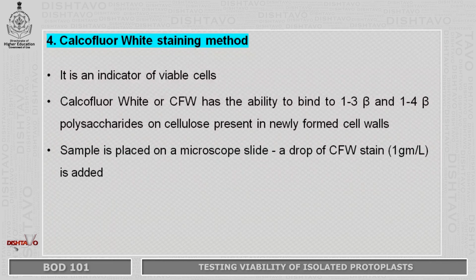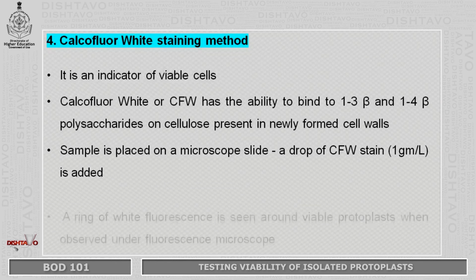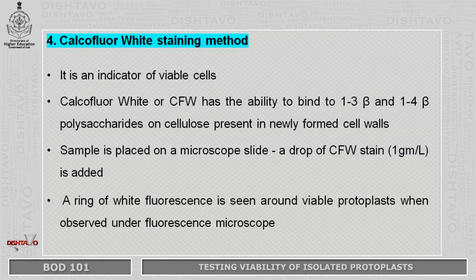Sample is placed on a microscope slide and a drop of CFW, that is calcofluor white stain, at a concentration of 1 gram per liter is added. A ring of white fluorescence is seen around viable protoplast when it is observed under fluorescence microscope.